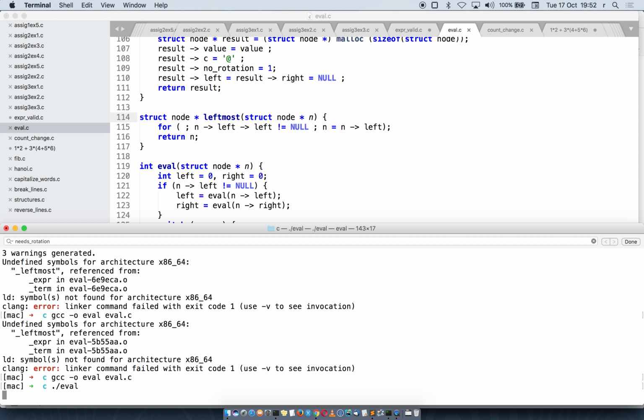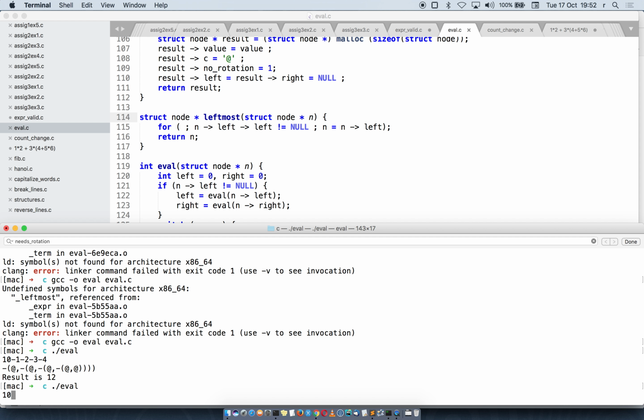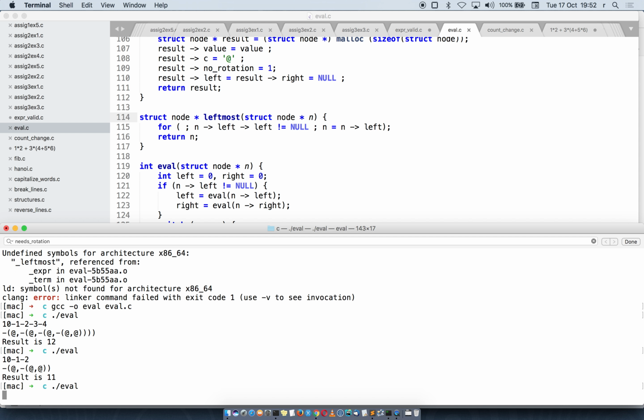So let's see. 10 minus 1 minus 2 minus 3 minus 4. Well, that is 12. So let's see. 10 minus 1 minus 2 minus. Let's see if this still works. No, it doesn't. 10 minus 1, does it work?